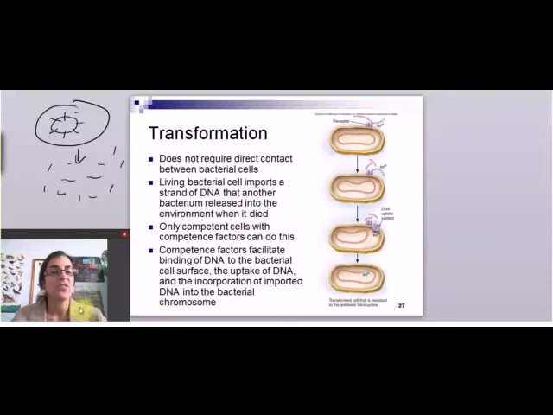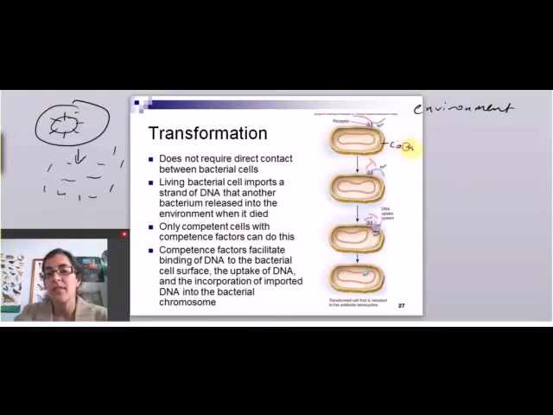So in any environment, there's lots of pieces of broken down DNA, broken down RNA, broken down proteins, broken down membrane, all floating around. So then you have a living cell that's in that environment. So this is the environment full of all these pieces of DNA and RNA and proteins. And some cells, some bacterial cells, are what's called competent.